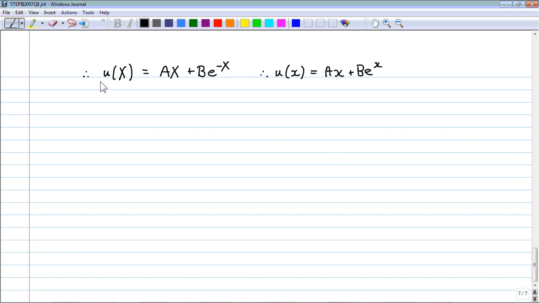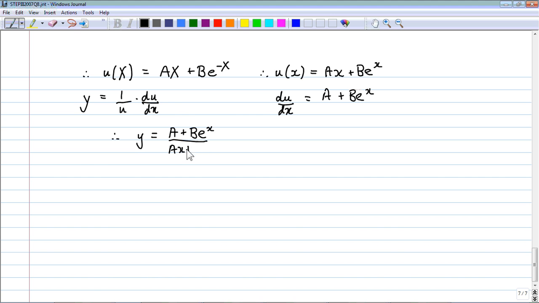Okay, so we know the general solution in terms of x is u of x equals ax plus b e to the minus x, but don't forget we had the substitution. The substitution was y equals 1 over u, no 3 this time, times du by dx. Well, du by dx is just a plus b e to the x. So y equals a plus b e to the x over ax plus b e to the x.